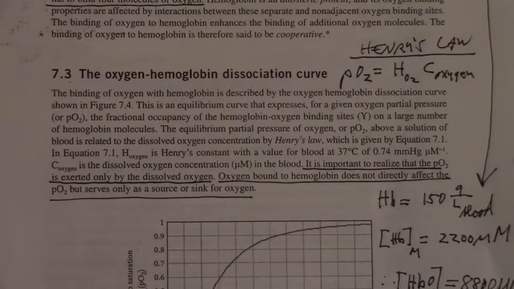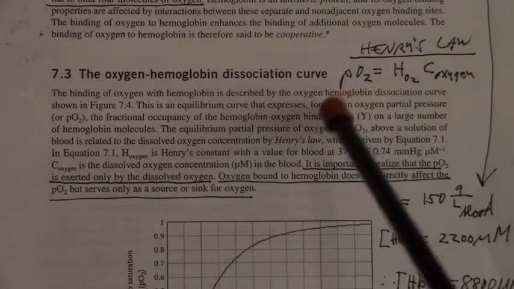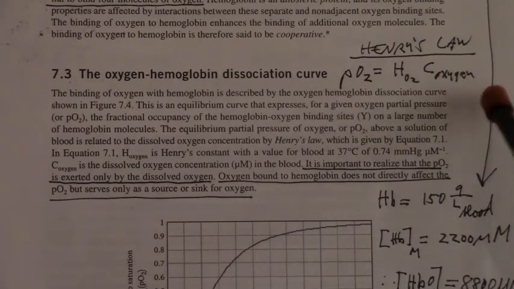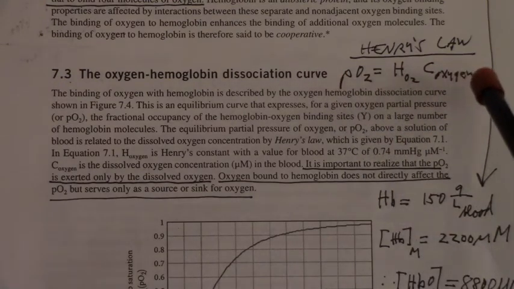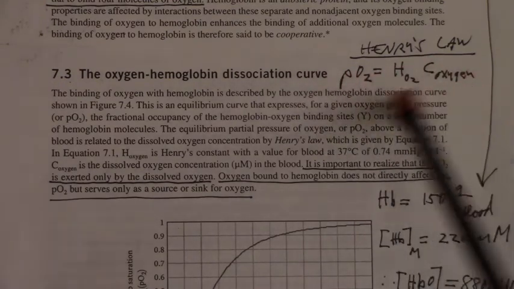The one thing we have to be aware of when we're talking about oxygen transport is that we use the PO2 of oxygen and the concentration of oxygen synonymously. So you have to be fluent in being able to convert back and forth.